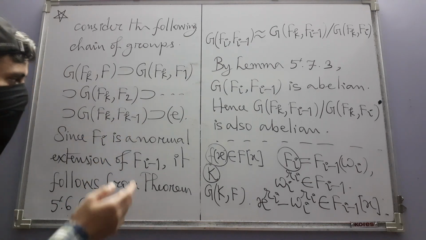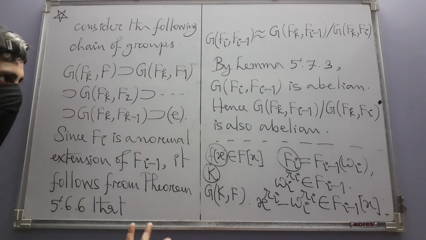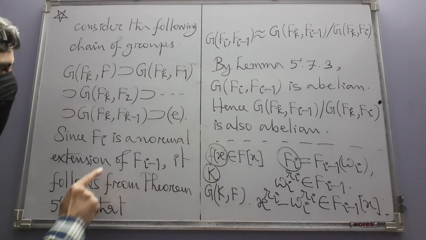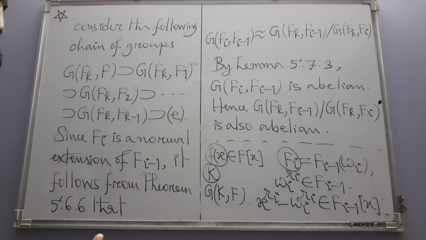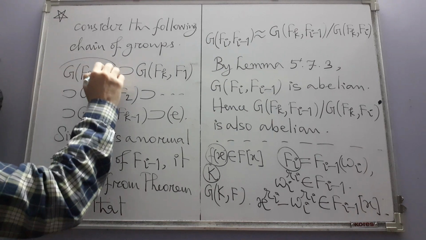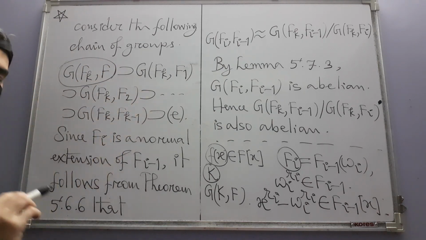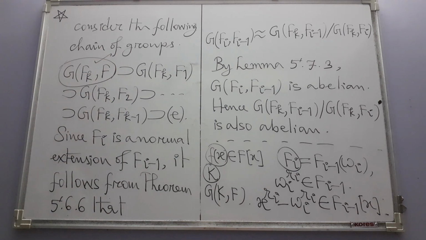That is abelian. The previous group slash this one is abelian, because just now we have concluded that. So all the quotients are abelian, and we also have normality. This means by definition that this original group from where this chain has started is solvable.